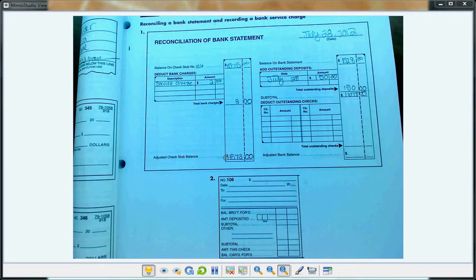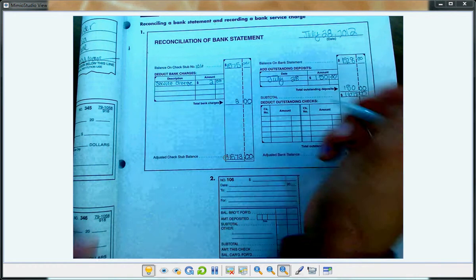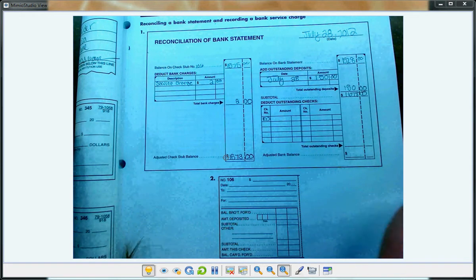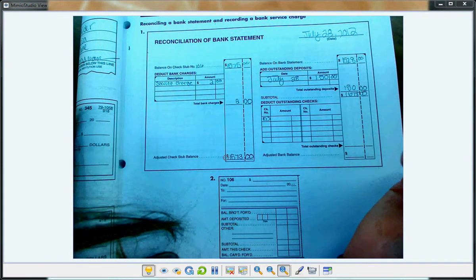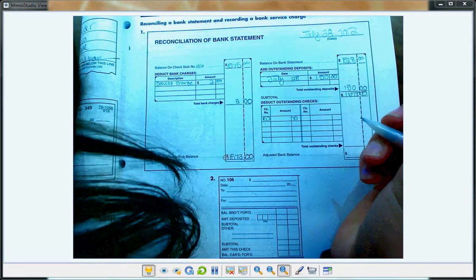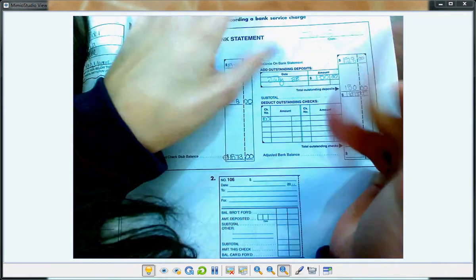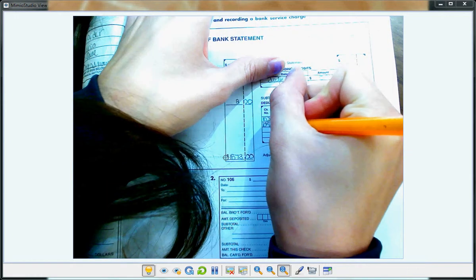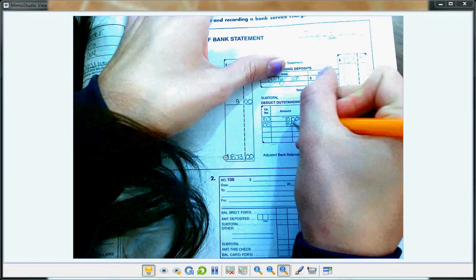Okay, then our next section, outstanding checks. We have 2 of them. The first one is check number 103 for $70. And check 105 for $35. It doesn't matter if you put it below or on the other side either.